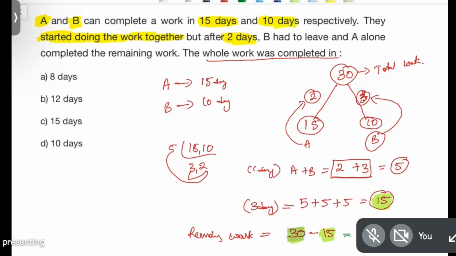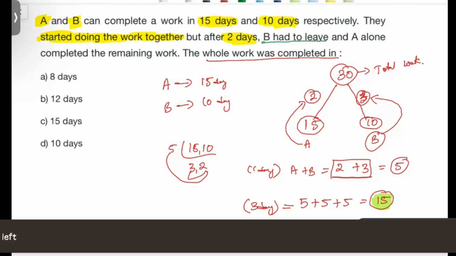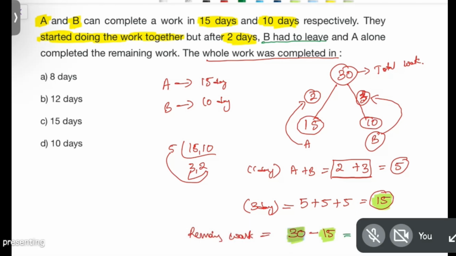And I told you earlier that the remaining work has to be done by whom? B had to leave after 2 days. I made a mistake here. Let's make this 2, because in our question it is given as 2 days. I'm so sorry for that.